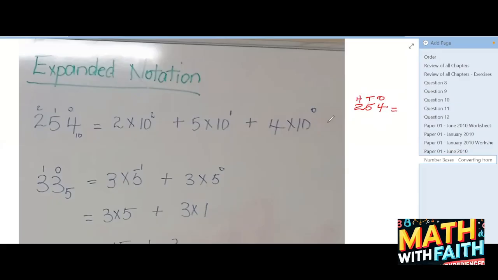So if we expand this notation, this will be 2 by 100, because that's 2 in the hundreds column, plus 5 by 10, because it's in the tens column, plus 4 by 1, because it's in the ones column, right? That's how we used to do it before.